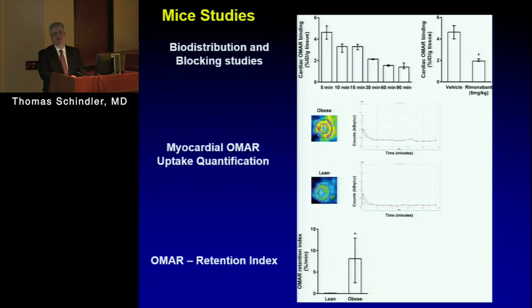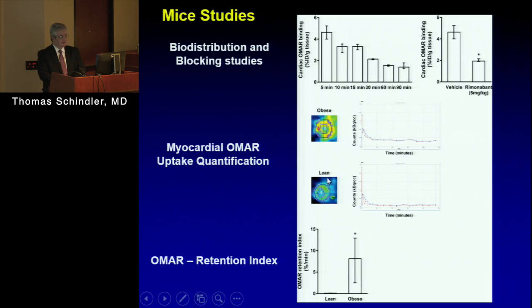So now all the companies are working on new compounds that may work only in the periphery, not on the brain. And you see there's a decrease in signal by more than half. So it showed that 11C-OMAR is specific for CB1 receptor expression. So we showed its specificity. Otherwise, you could have argued maybe it's just a general receptor or something else.